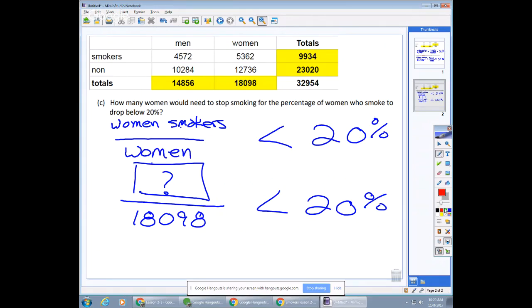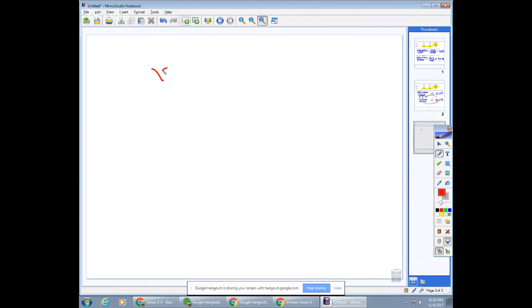If we take the 18,000 times the 20%, that should give us the number that we're looking for there. Okay, so I can solve this as an equation. So I'm just going to rewrite it. Let's call it x over 18,098 less than 20%. Now 20%, to use it in a calculation, that should turn it as a decimal.